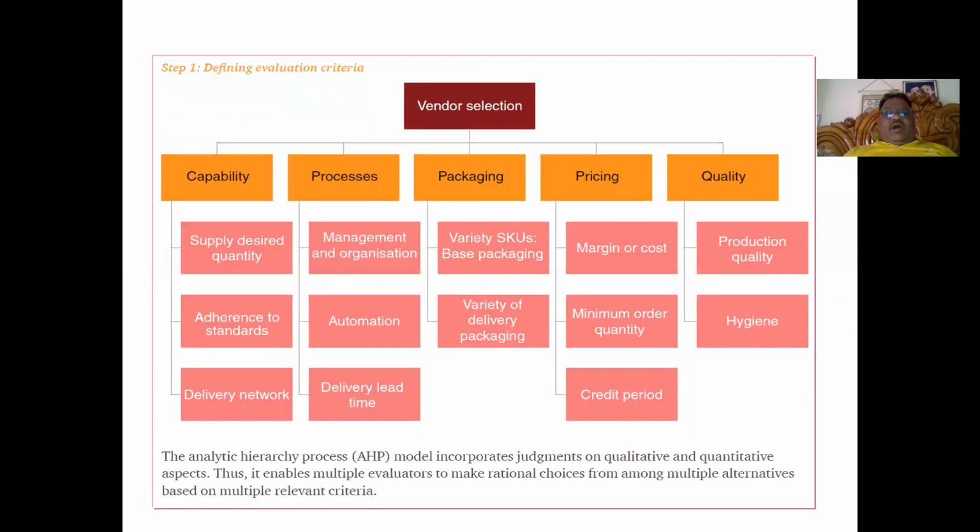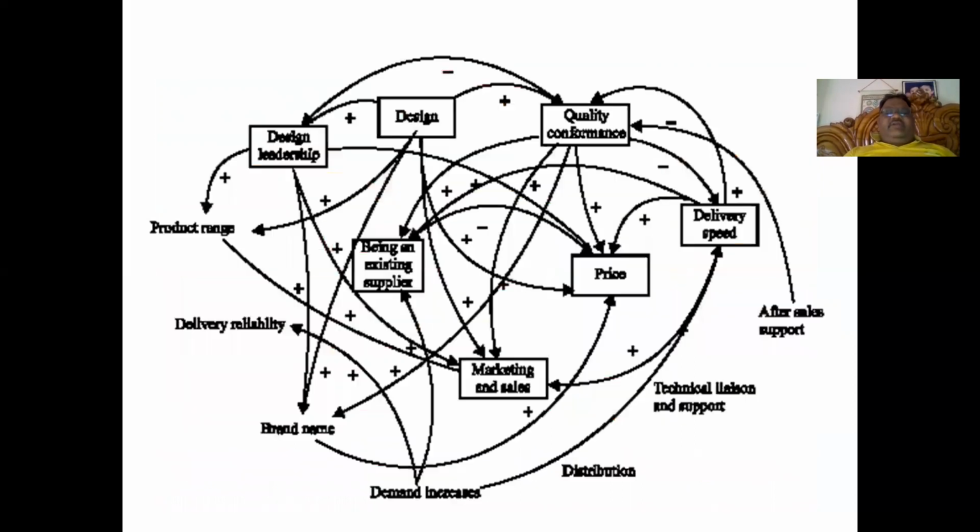I want to know out of these 5 strategies which is more important for vendor selection: which is more important among capabilities, process, and quality. And out of the 13, which is more important. It means I have to find out the local weight and global weight to find out the best strategy required for vendor selection.